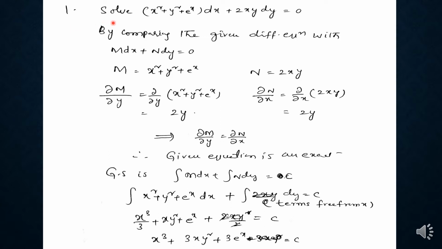Solve (x square plus y square plus e power x) dx plus 2xy dy is equal to 0. So we'll check whether it is in the form of variable separable. Is it possible to separate the variables? We can't separate the variables here, so compare the given equation with M dx plus N dy is equal to 0.